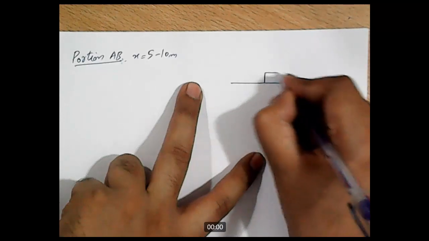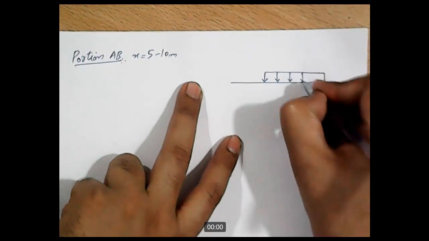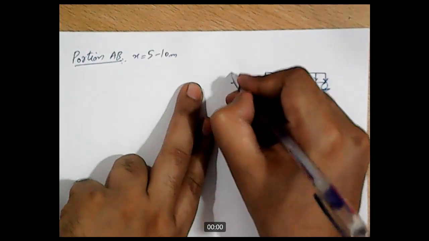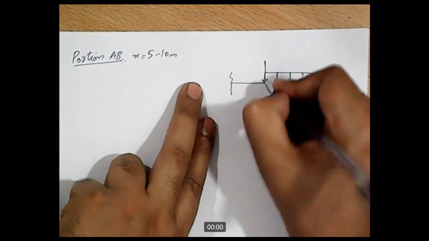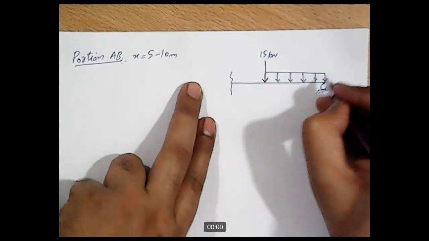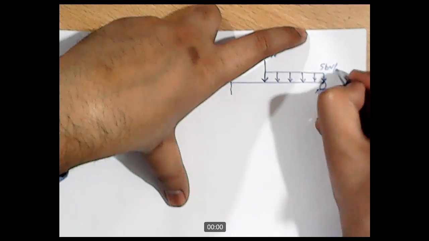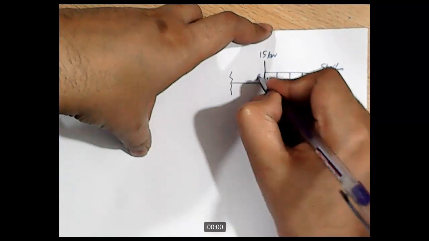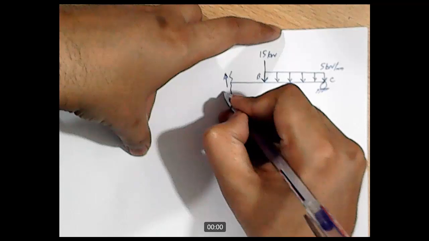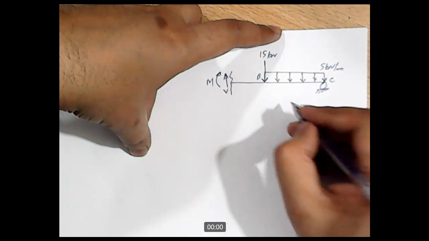The entire UDL will be present in this part. Roller support is present here, section is over here. This point load will also appear in this free body diagram, 15 kilonewton. Intensity of this UDL is 5 kilonewton per meter. This point is point C, this point is B, and the exposed forces are V in upward direction and M in clockwise direction.